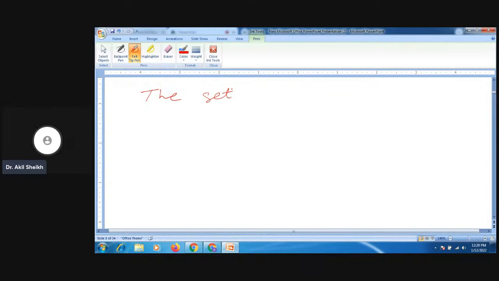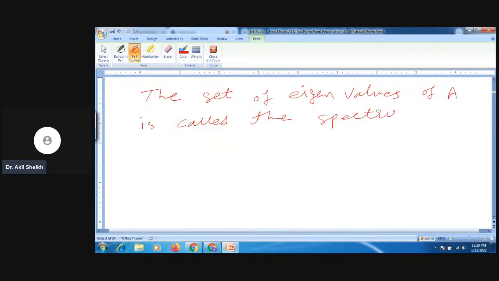All eigenvalues combined, that is the set of eigenvalues of capital A, is called the spectrum of capital A. This is an important sentence: spectrum is nothing but the set of all eigenvalues of the matrix capital A.